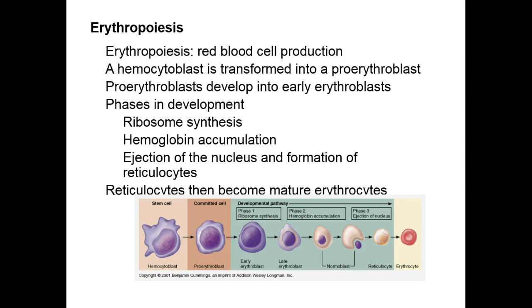The reticulocyte actually has expelled most of the nucleus. As a matter of fact, the nucleus is out, but it still isn't the biconcave shape of a mature red blood cell. That happens when it's released into the bloodstream.